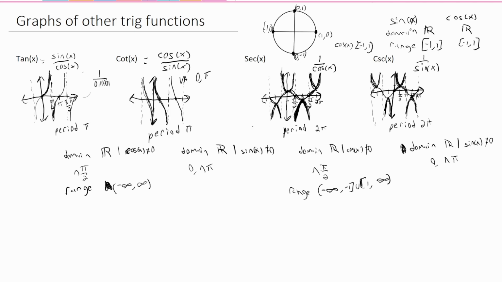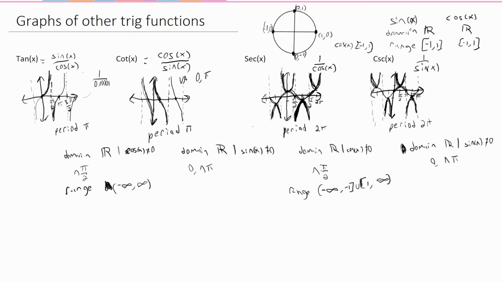Because of the range restriction of sine and cosine, this actually restricts the range of secant and cosecant so that even though we're including all of those values above 1 and below -1, all the values in between are impossible to attain.